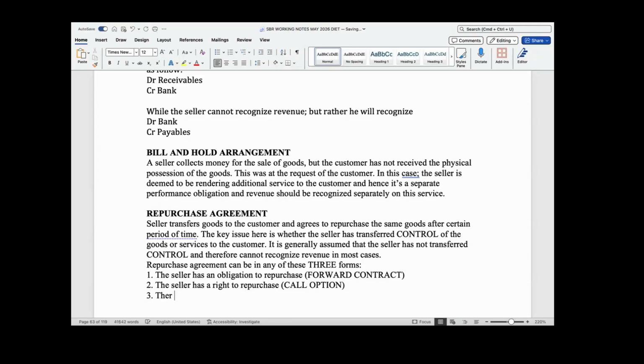Number three, the customer has a right to request for repurchase. We call this a put option.